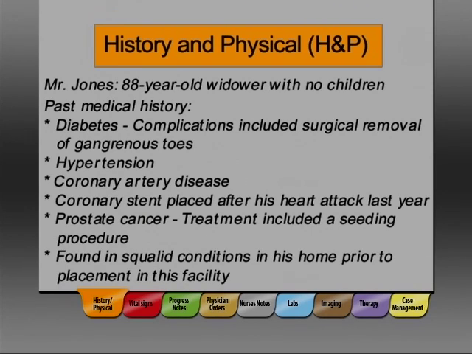He is widowed, no children, and was found in squalid conditions in his home prior to his placement in this facility. I recommend you start here in the history and physical section of the chart when you are getting yourself familiar with the case.